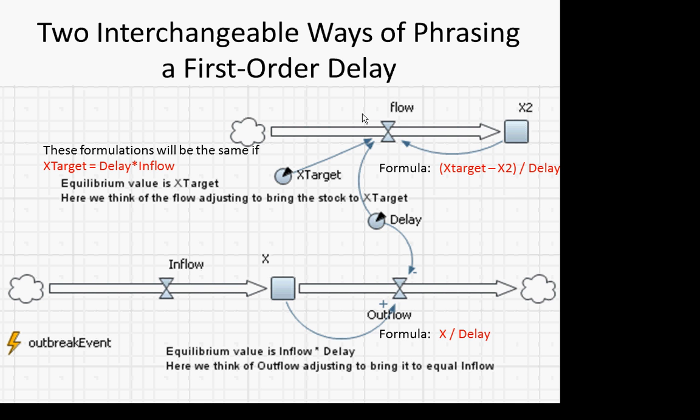But I further want you to ask the question and at least muse about this, puzzle about it, perhaps implement it. Suppose I wanted to characterize the situation where instead of being able to adjust this flow immediately based on the value of the stock, so that we reach X target, suppose I instead wanted to represent a situation where we have information about the value of the stock that is delayed, that's imperfect in the sense that it's old, it's obsolete by the time we get it.